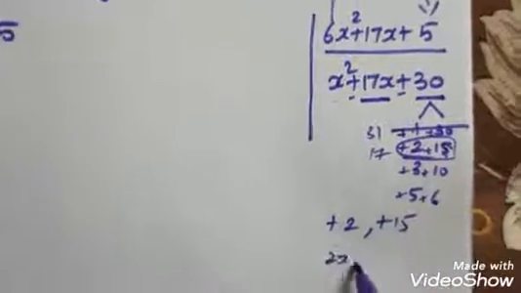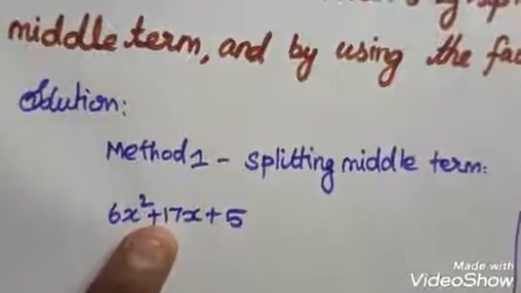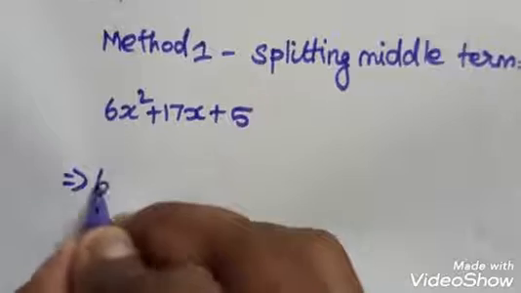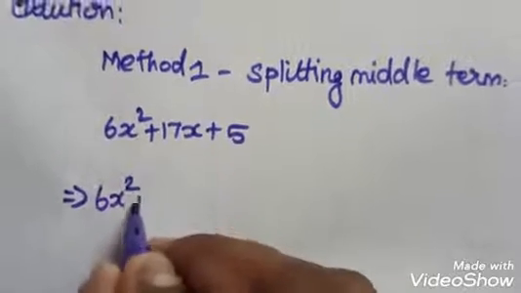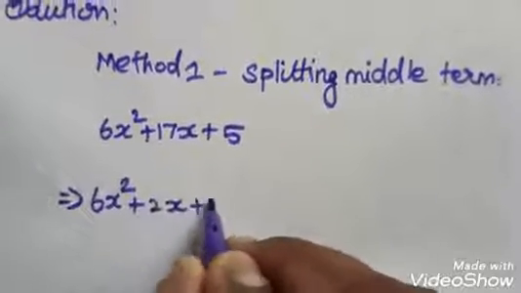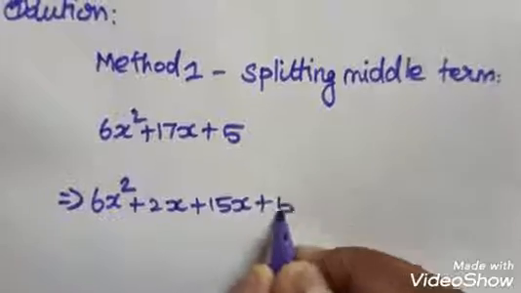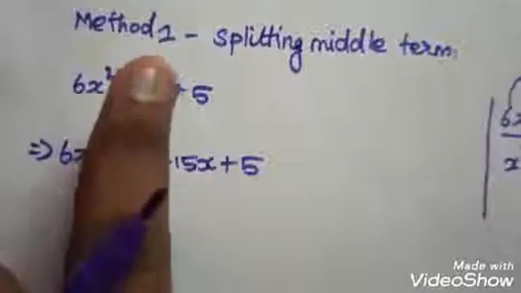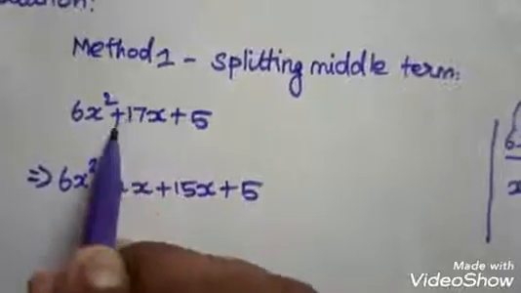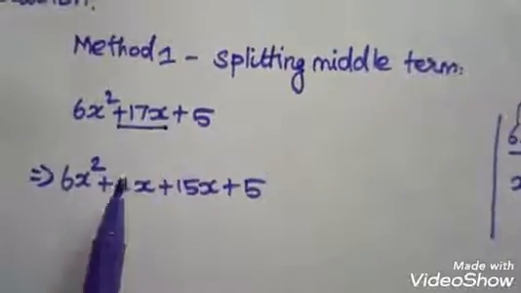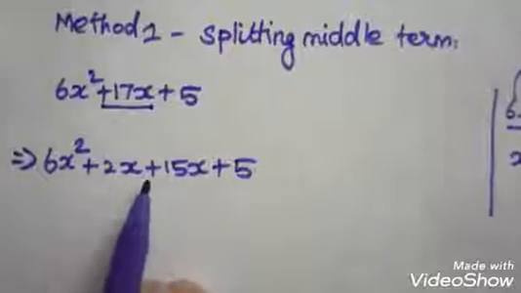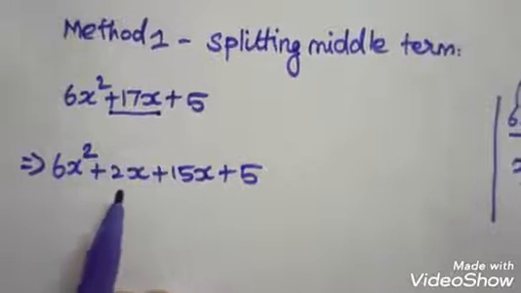We split the middle term by these two factors: 2x, 15x, which gives 6x square plus 2x plus 15x plus 5. So 17x can be split as 2x plus 15x.